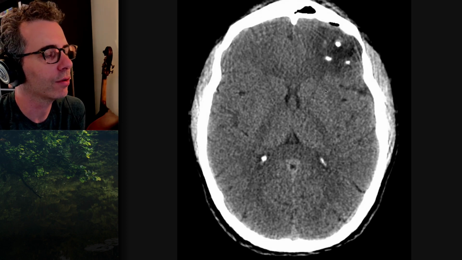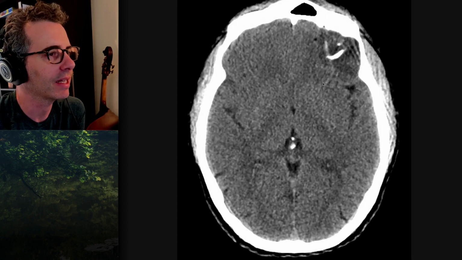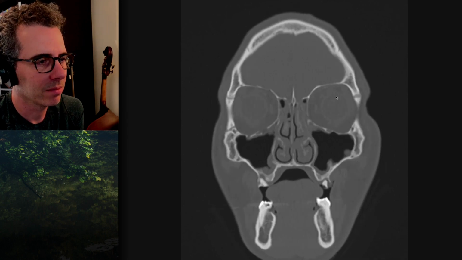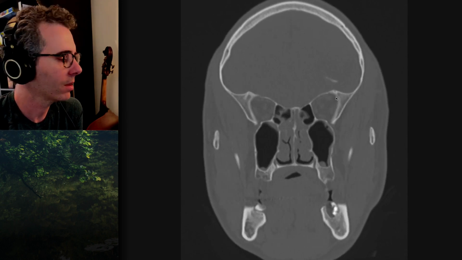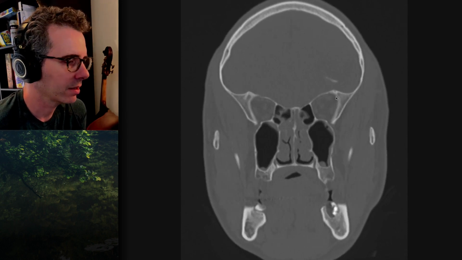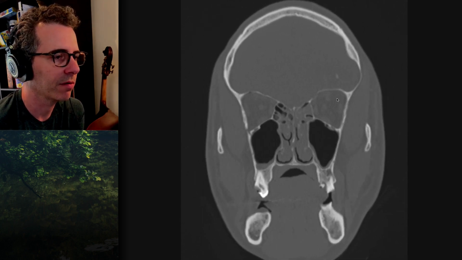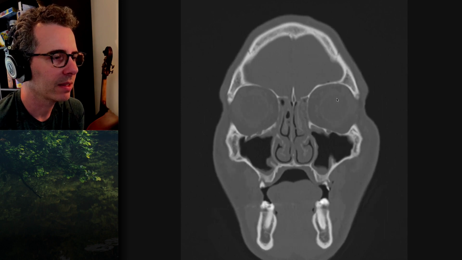So what do you need to do to work this out? I think the temptation is certainly to attribute it all to one process, and that these would be bony fragments. The problem is they're quite big.